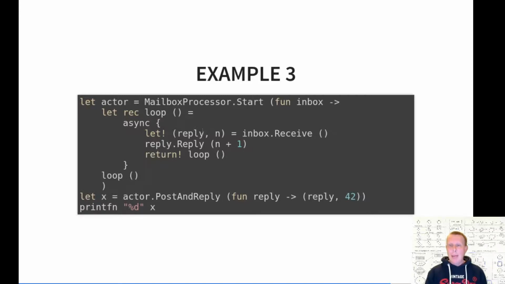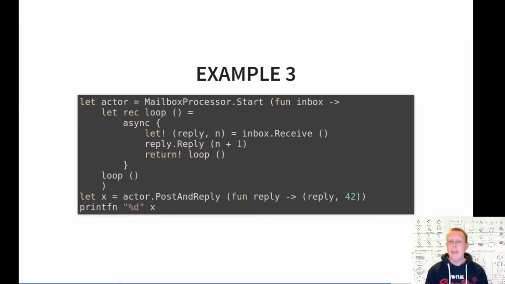This reply I will set up in such a way that it's actually a reply object or reply channel, so that I can send a reply back to the caller. So here I then just say reply n+1, and I loop.